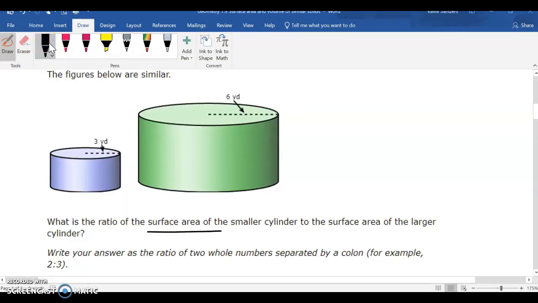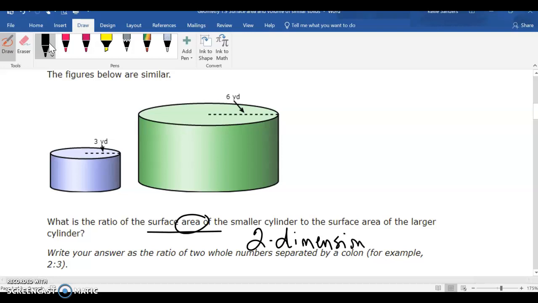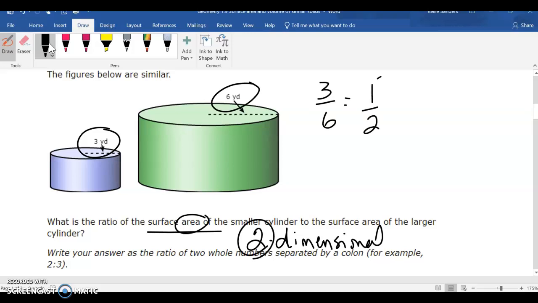What is the ratio of the surface area? Now remember, area is two-dimensional. And I'm using the 3 and the 6, which is one-dimensional. I'm going to reduce them, and then because it's two-dimensional, I'm going to put the 2 there. 1 times 1 is 1. 2 times 2 is 4.